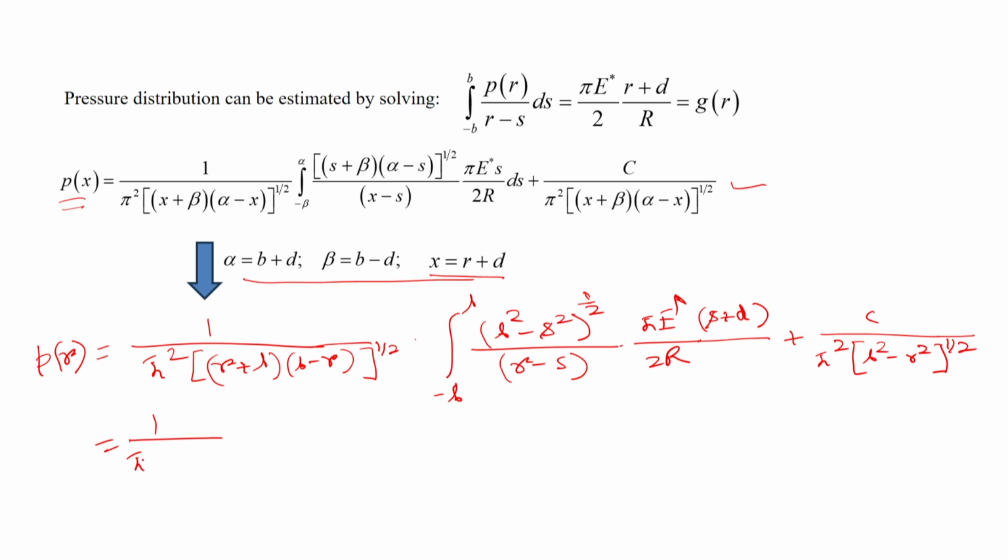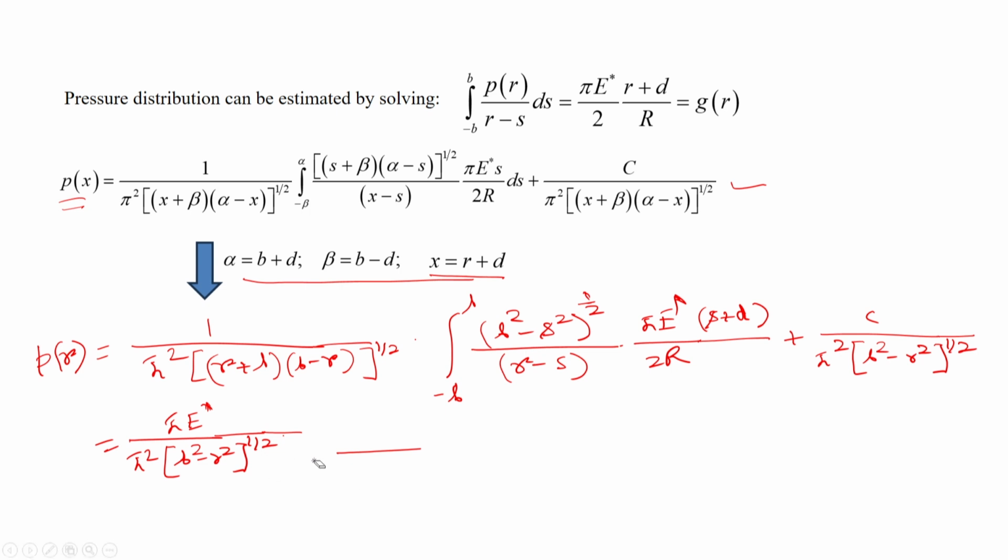So, 1 by this is pi square and this is b square minus r square square root, and this is minus b to b. So, here let me write it minus b to b here, and actually I can write here pi e star by 2r, I can take it out. So, it will be pi e star, here it is 2 into r, and let me write it a little bit more clearly over here.